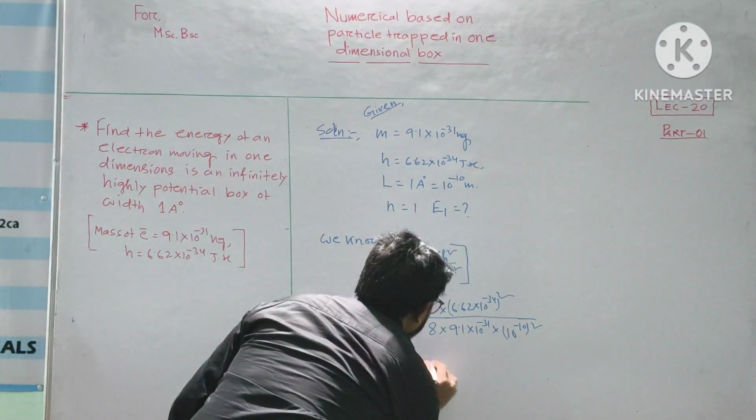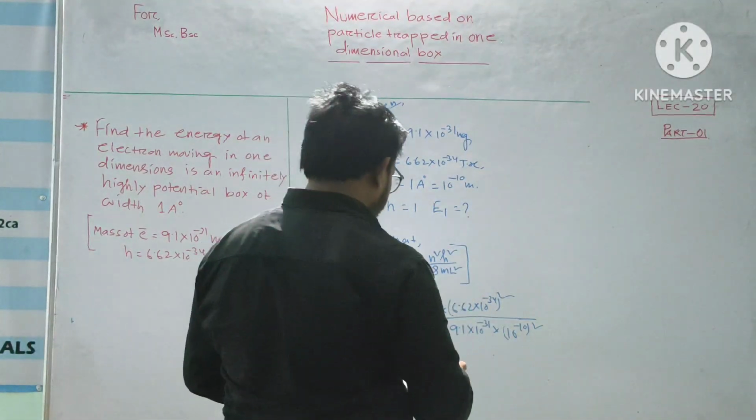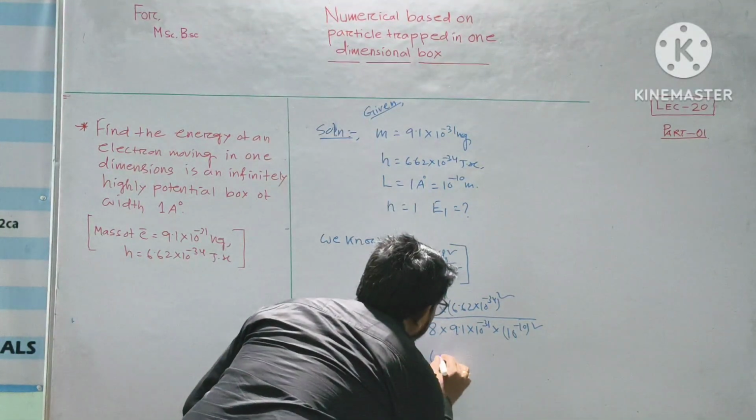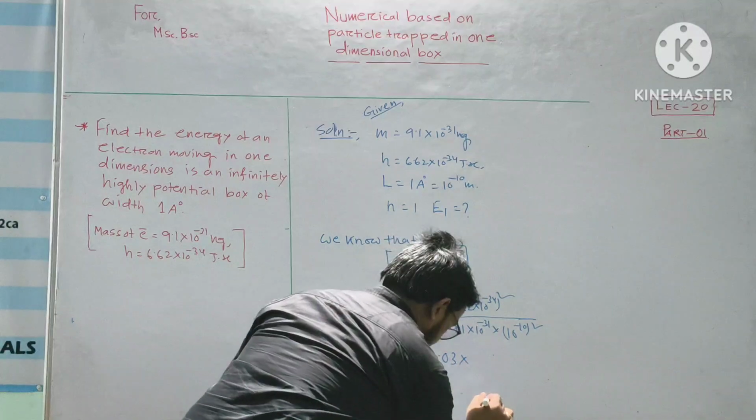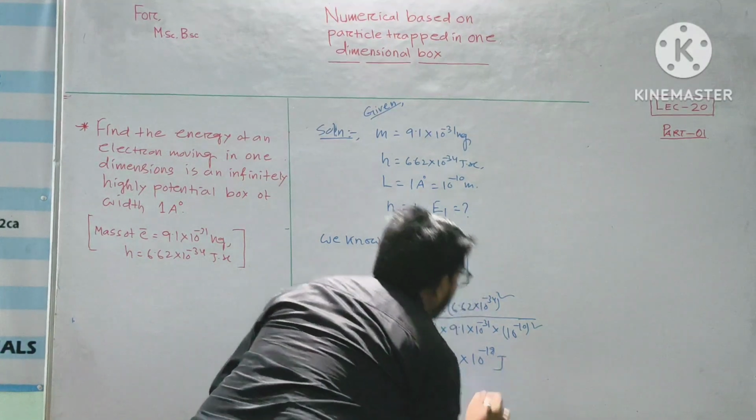After solving this part we get 6.03 into 10 to the power minus 18 joule.